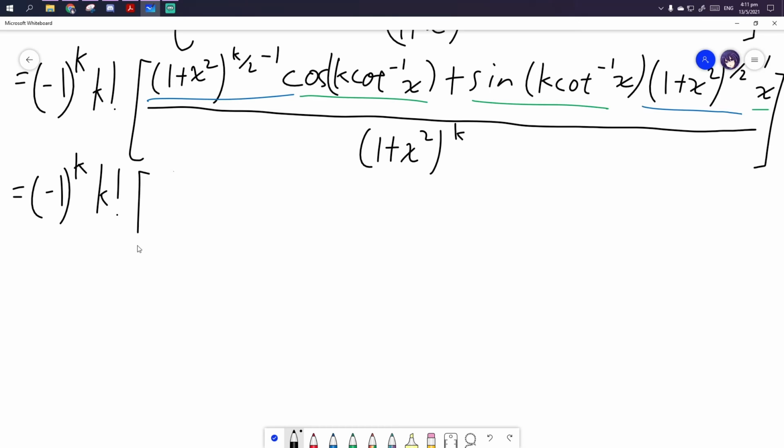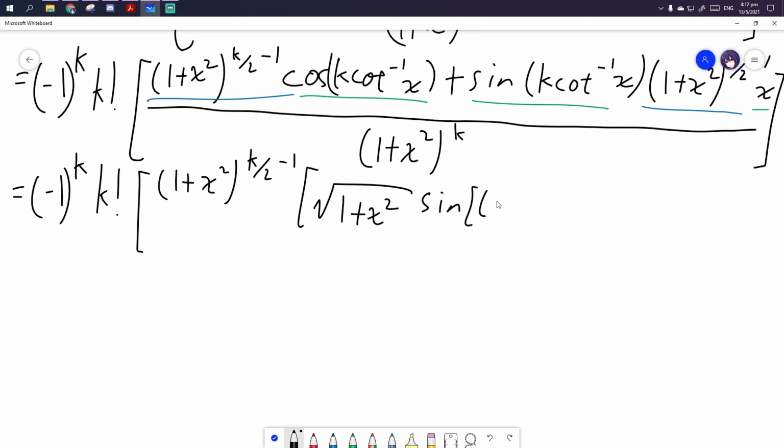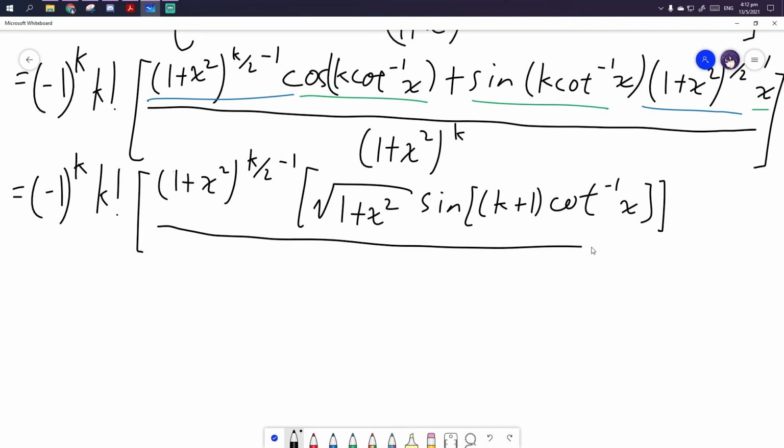We have (1 plus x squared) to the power of k over 2 minus 1, and then we group everything together. We have square root of 1 plus x squared times sine of (k plus 1) cotangent inverse of x, and this whole thing divided by (1 plus x squared) to the power of k.